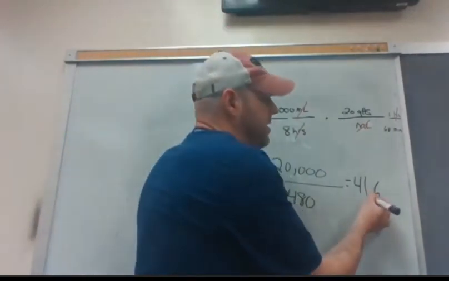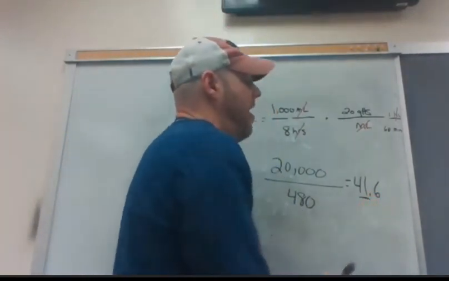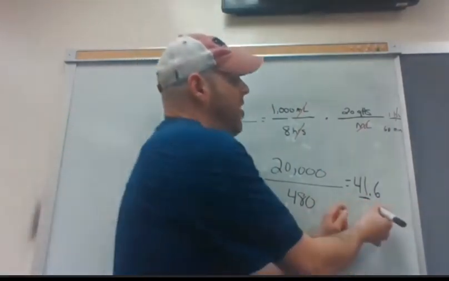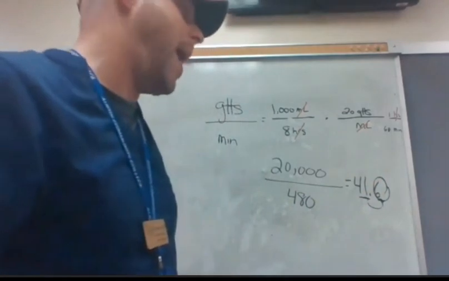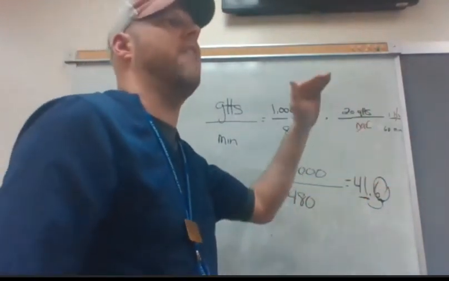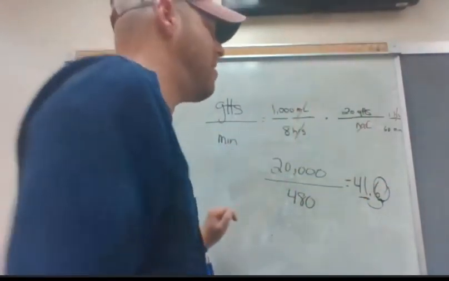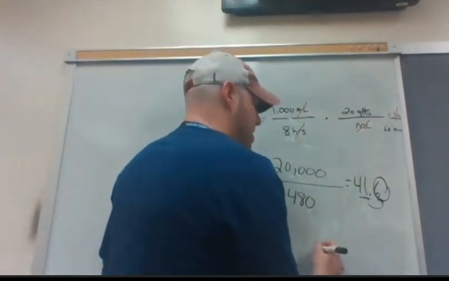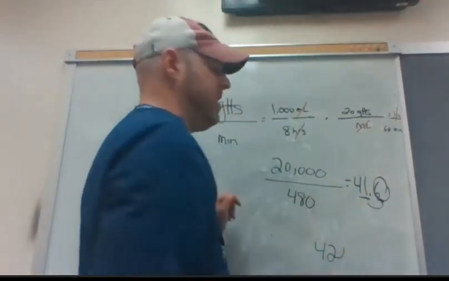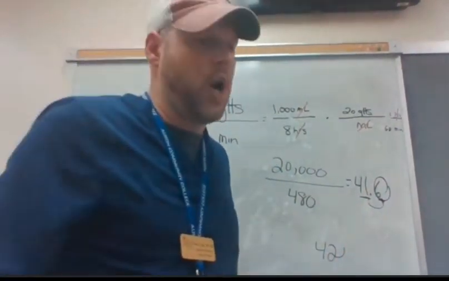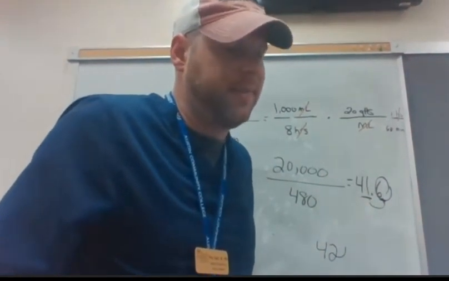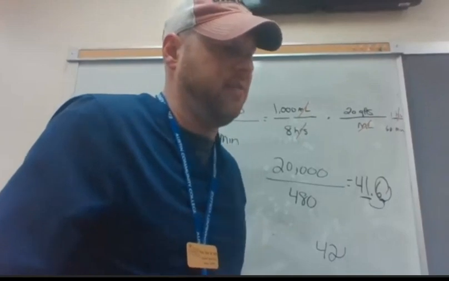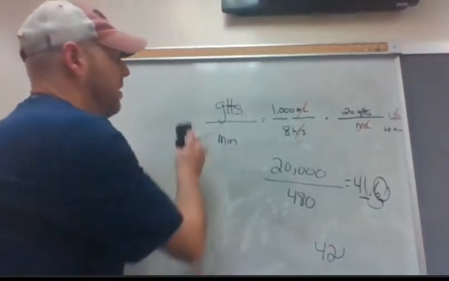So whole numbers is the number to the left of the decimal. So I need to look next door to the friend to see, do I go up or down? And anything 5 or above, I'm going to round up. So this comes to 42 drops per minute. Okay? Oh, that was fun.